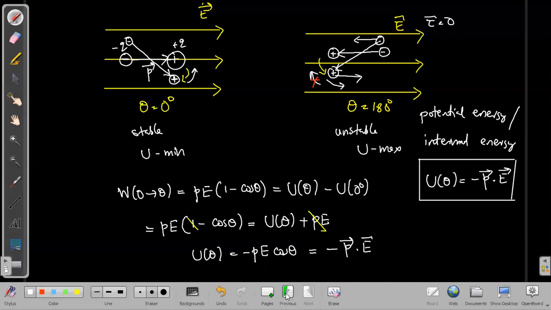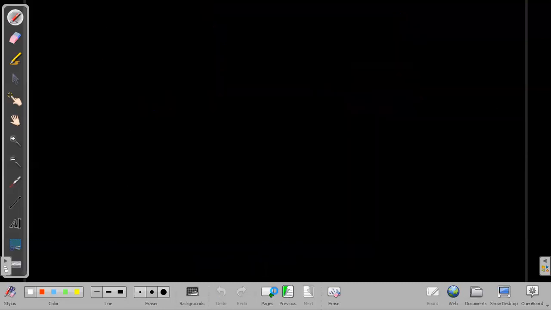Now the last thing is if you have a non-uniform electric field applied to a molecule with inbuilt dipole moment, what would happen? Okay, so if electric field is non-uniform, then the force experienced by the positive charge and the negative charge may not be the same.